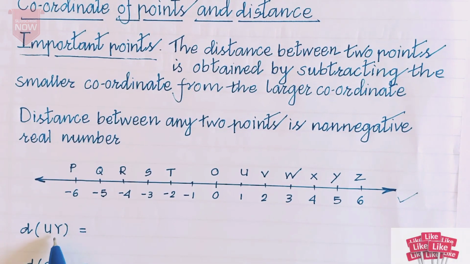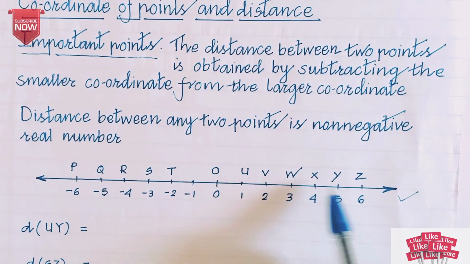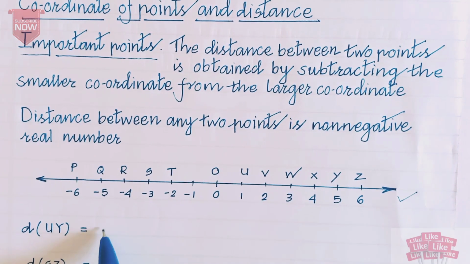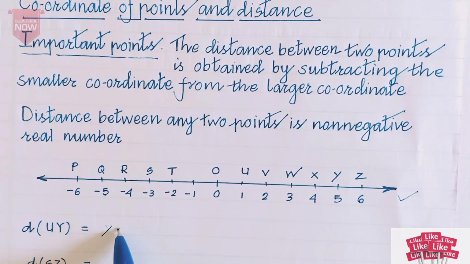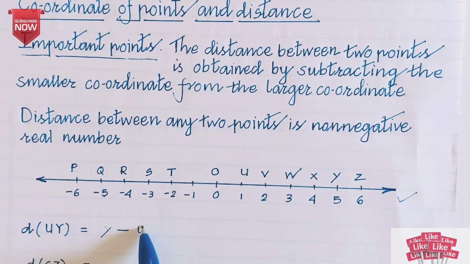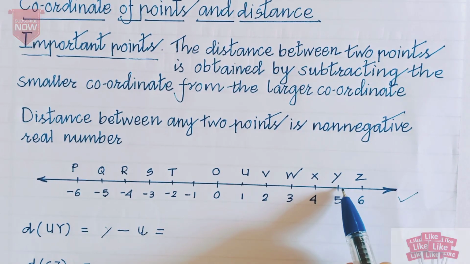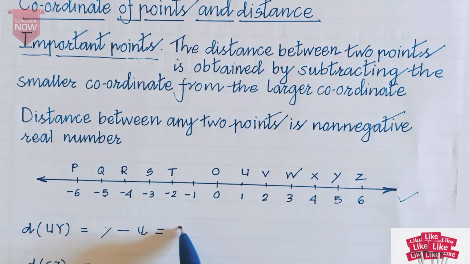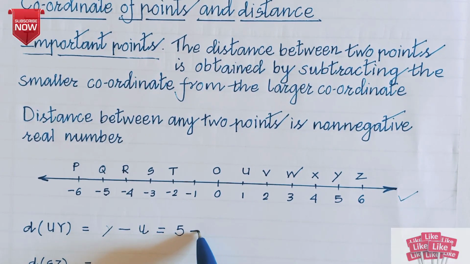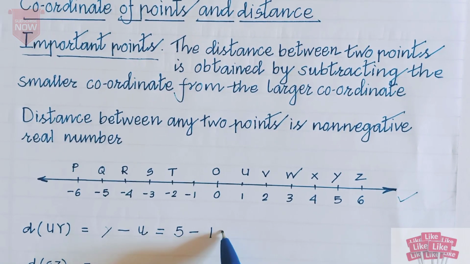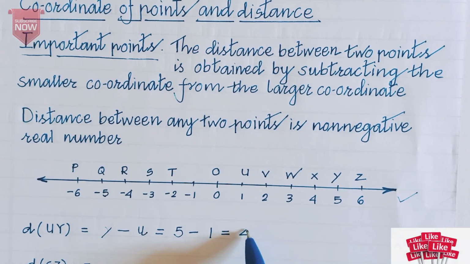Now you see here UY, here U and the Y. So we can write here Y minus U. This is a simple way of writing. What is the coordinate of Y? It is 5 minus. What is the coordinate of U? It is 1. So it will be 4.